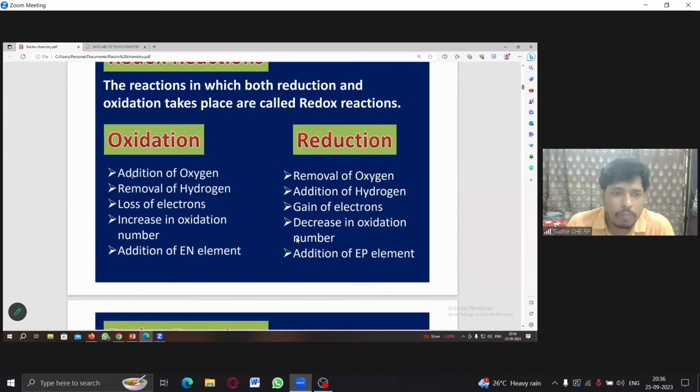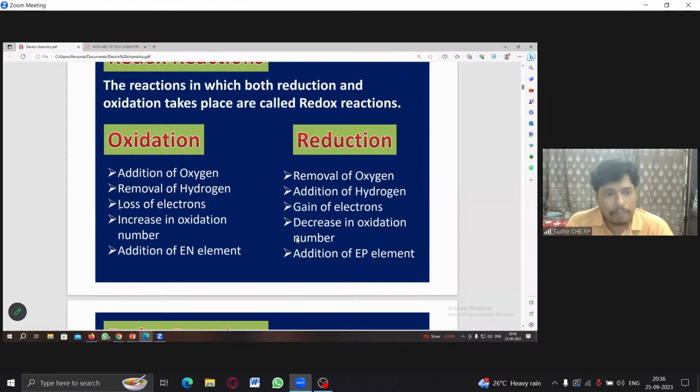Now when it comes to the oxidation process, please make a note of it. Addition of oxygen is the basic definition we already know. Addition of oxygen is called oxidation, or the removal of hydrogen is also called oxidation. So with respect to hydrogen and oxygen, we can define the oxidation process like this. We know very well about these two: addition of oxygen or removal of hydrogen.